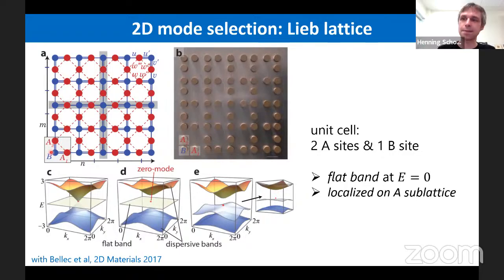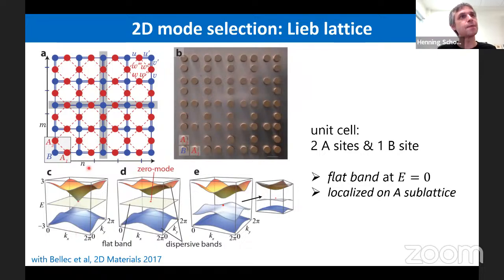So this has the same symmetry without any further assumptions if you just have nearest neighbor couplings. So now already in the Bloch Hamiltonian, just by energetic symmetries, there must be one state which has zero energy for every value of k, which we call a flat band.